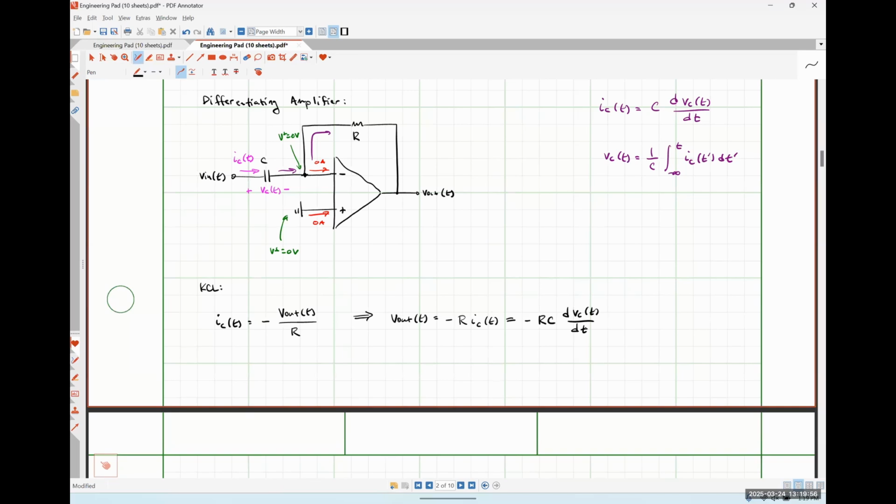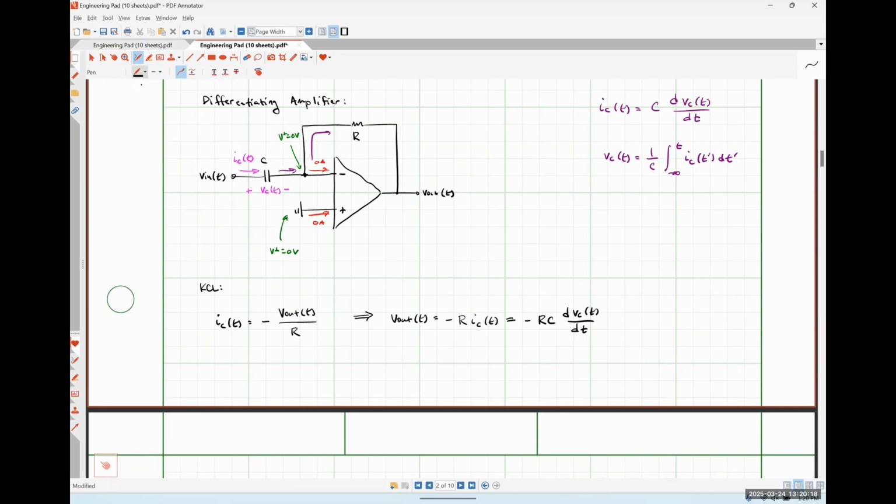VC has its positive polarity terminal at the same place that VN does, and the negative polarity terminal of VC is at the inverting input terminal, which is at a virtual ground because the non-inverting input terminal is physically grounded out. So VC and VN are exactly the same quantity.